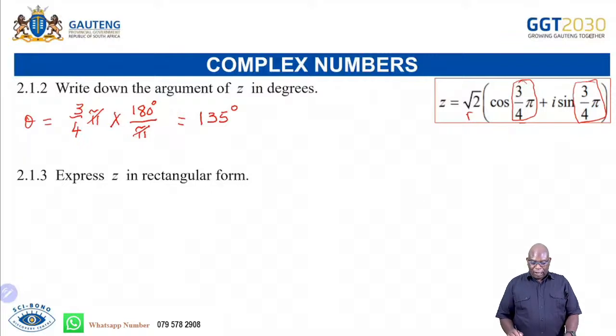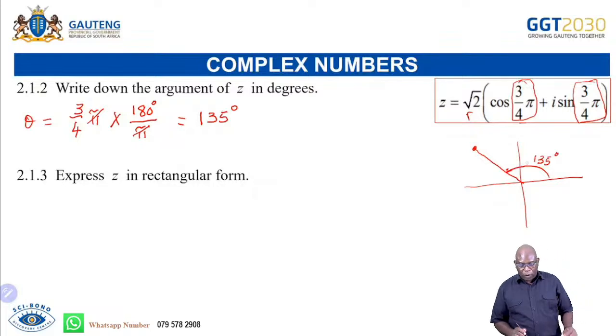Which means that if I had to draw my Argand diagram, that angle will be in the second quadrant. So that will be in the second quadrant, the 135 degrees. Okay, all right. So now, in the second quadrant, I know that point here.